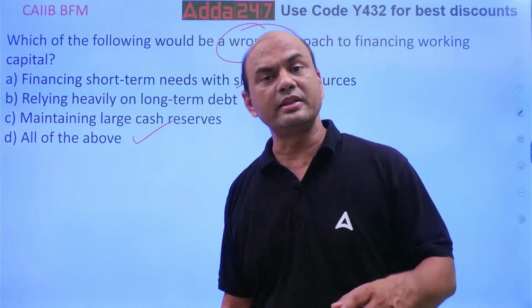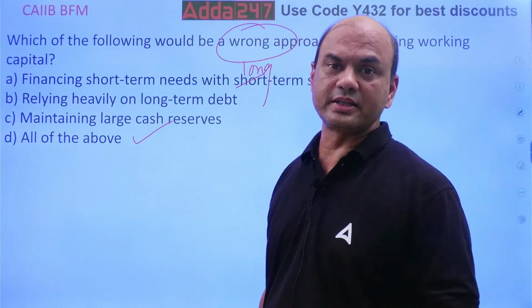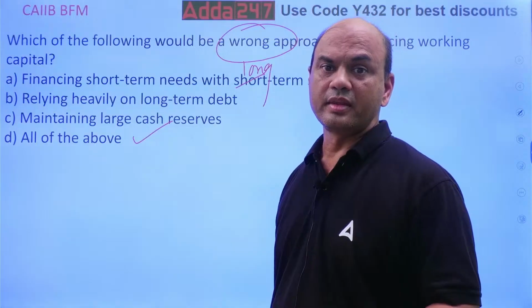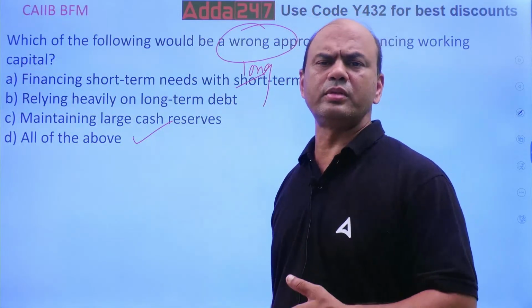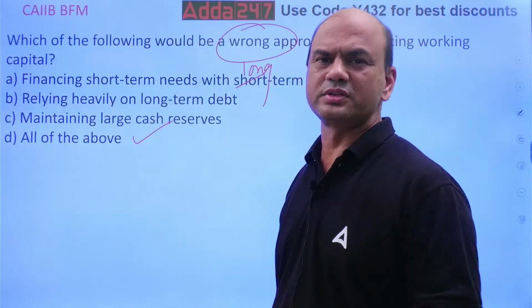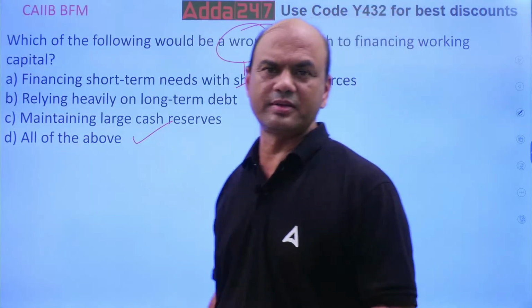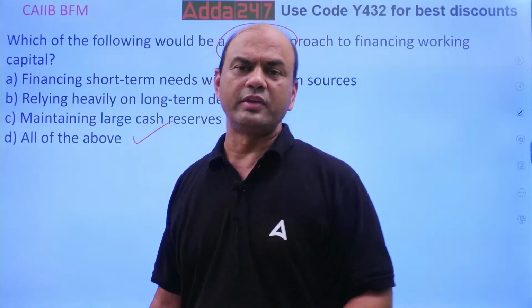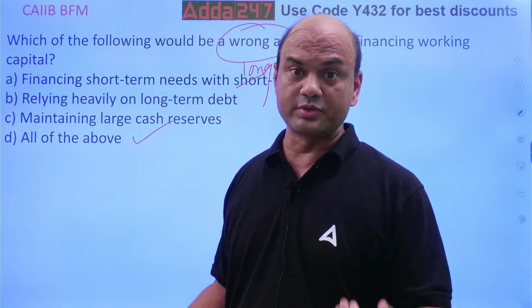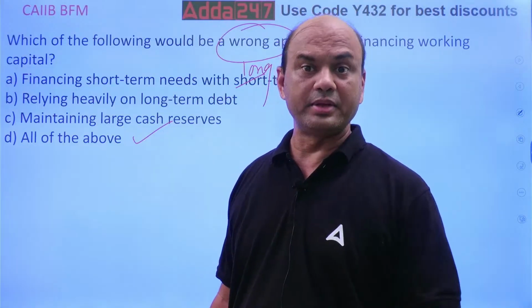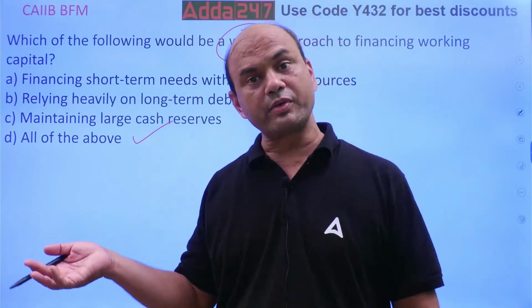If I maintain large cash reserves without utilizing it, I will lose on the interest. If I keep full money in current account or savings account, savings is 2.5%. Current is 0. If I maintain huge balances in CASA as an individual, I am in a loss. Of course, bank is in a profit, but I am in a loss.